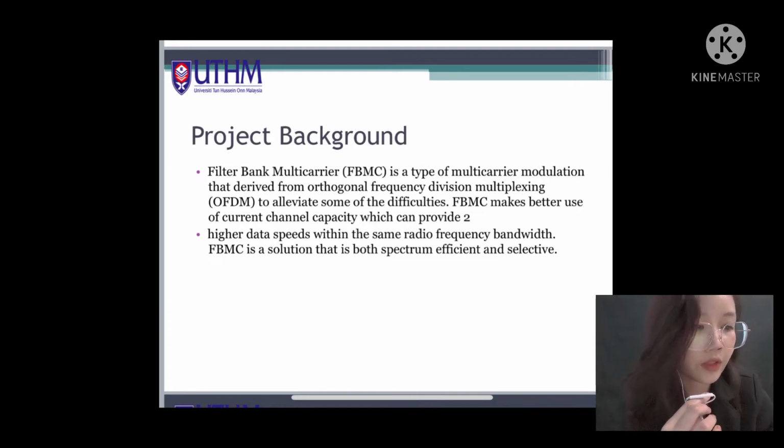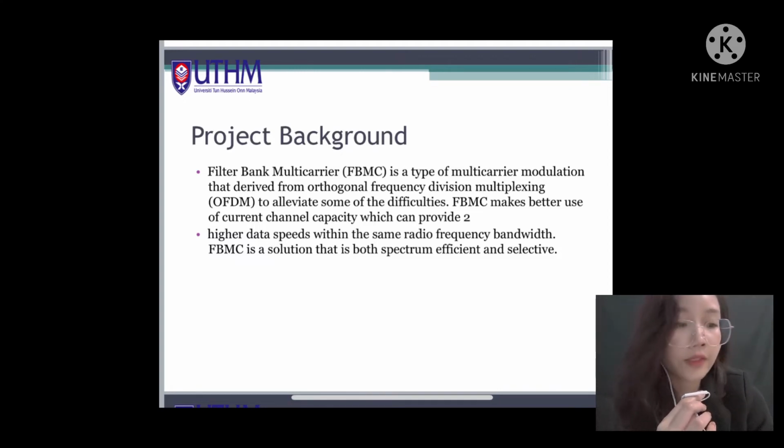FBMC makes better use of current channel capacity, which can provide higher data speed within the same radio frequency bandwidth. So FBMC is a solution that is both spectrum efficient and selective. That is the project background, and next I will present the problem statement for my project.